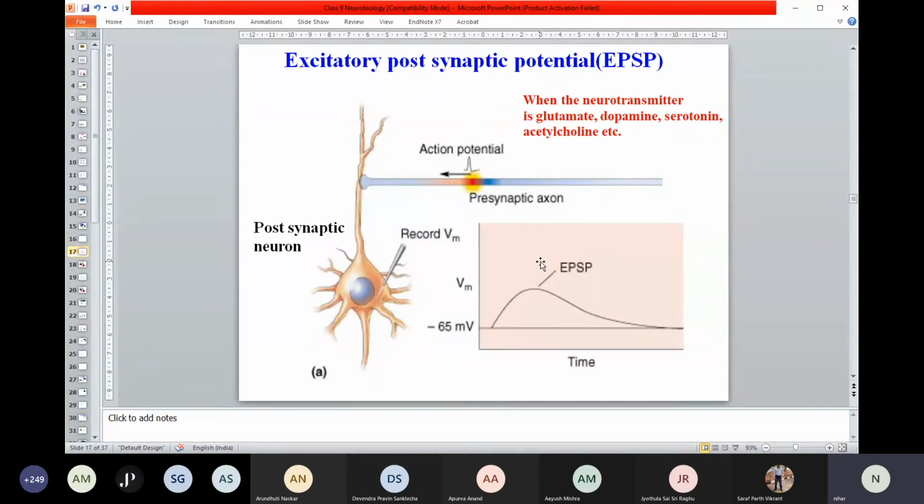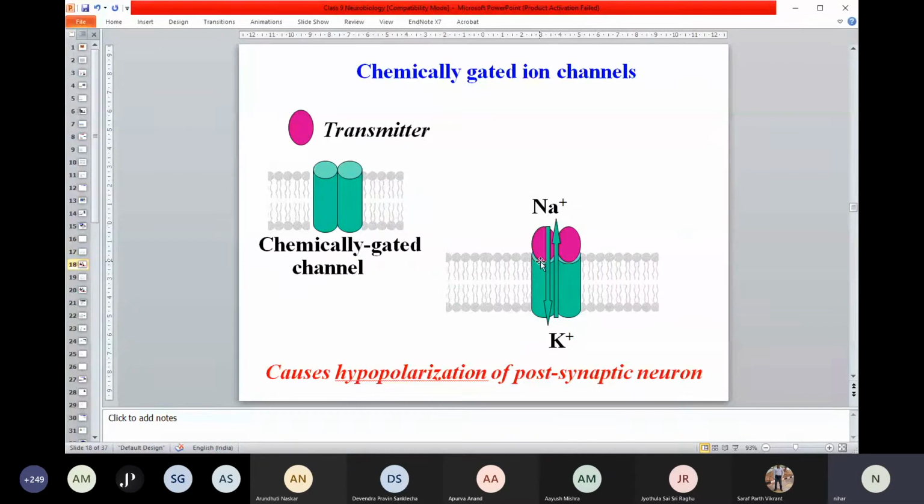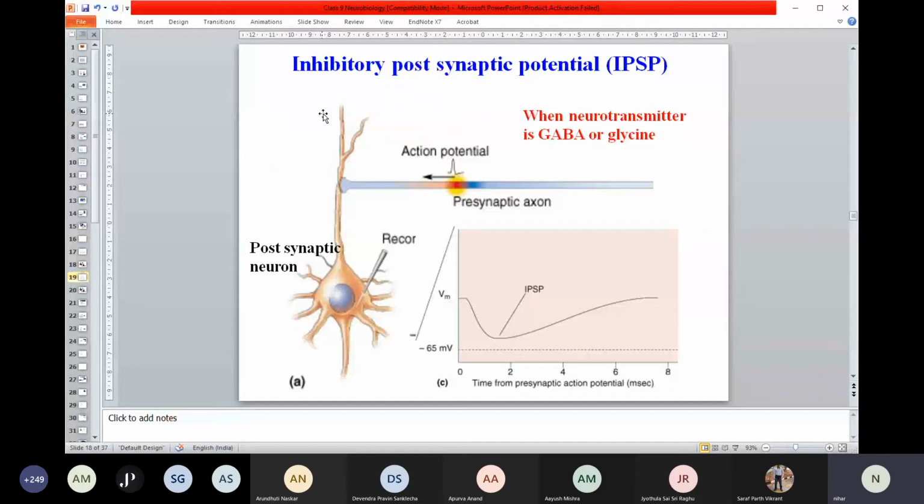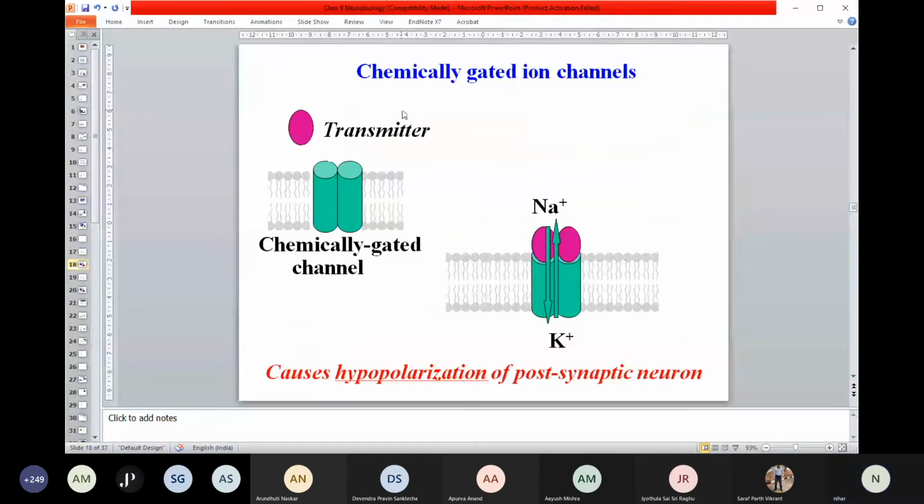Okay. So this is the ionic event. It is the same thing I told you earlier. Once the neurotransmitter binds to its receptor, this is the receptor and this is the neurotransmitter. Again, these are all animated, so you can see that once it binds, sodium ion goes in and potassium ion goes out.